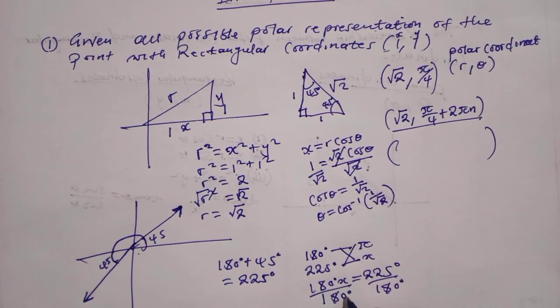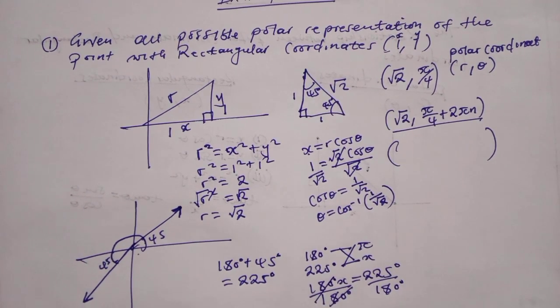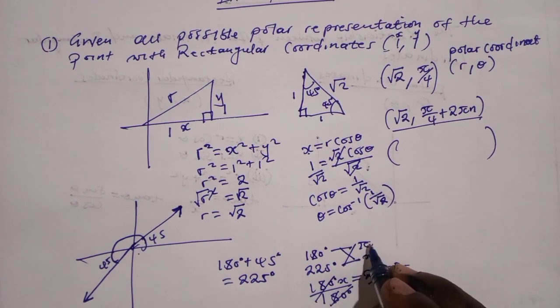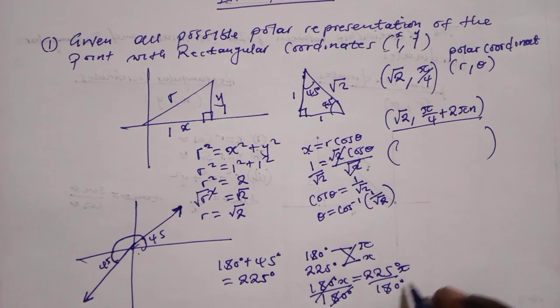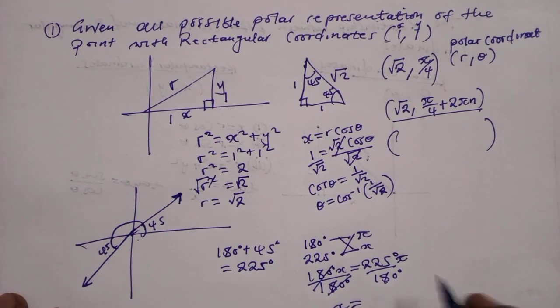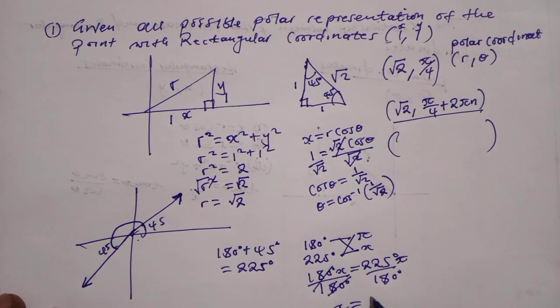Then here 180 and 180 go, x equals 225 pi over 180. So here we look for a number which goes into 225 and 180, which is 45. 45 into 225 is 5 pi, over 45 into 180, which is 4. So this is the angle in radian.